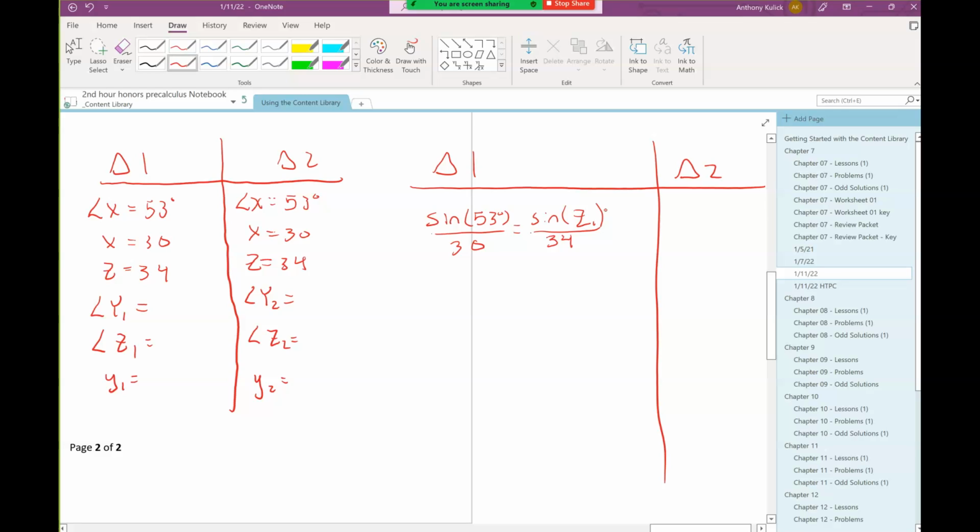Maddie, so far so good? Okay. I'm going to cross multiply, then divide by 30, and then do the sine inverse of both sides. So I'm going to do all that algebra here all at once. Is that too much? Okay.